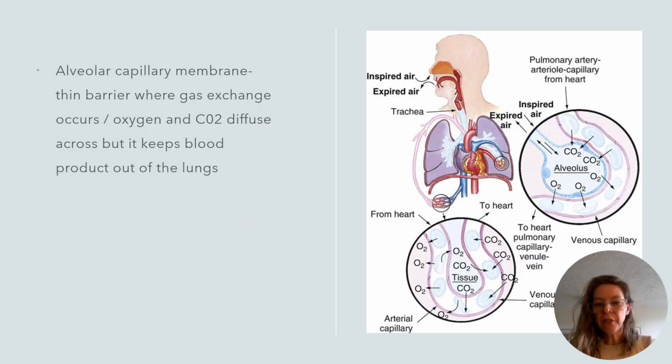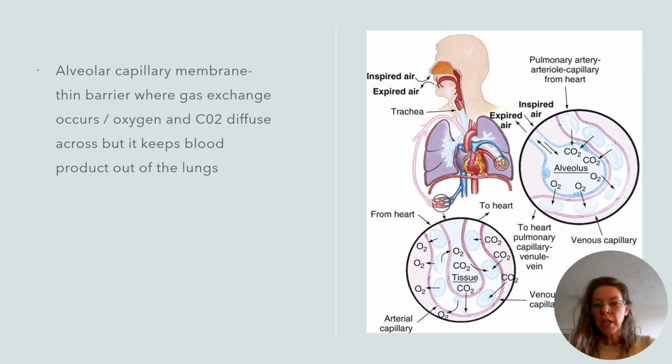The purpose of the respiratory system and the lungs, of course, is gas exchange. So here you have a diagram of the alveolar capillary membrane encircling an alveolus, and that membrane is a thin barrier where gas can cross.